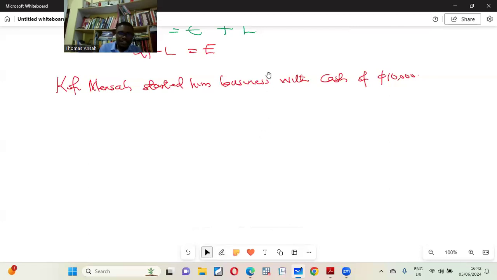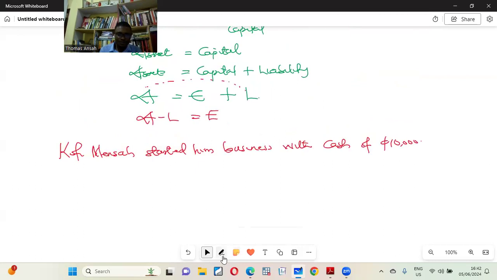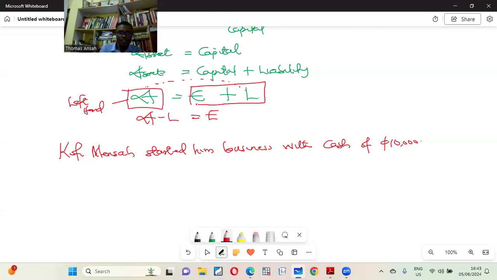Remember, the accounting equation has two sides. There is this left-hand side, and there is what? These two are at the other side of the accounting equation. They are on my right-hand side.